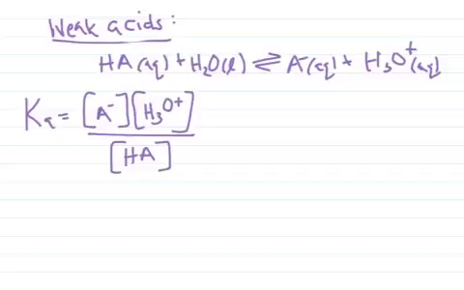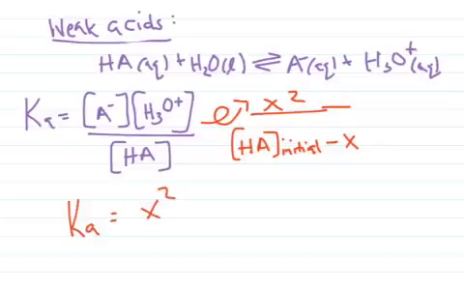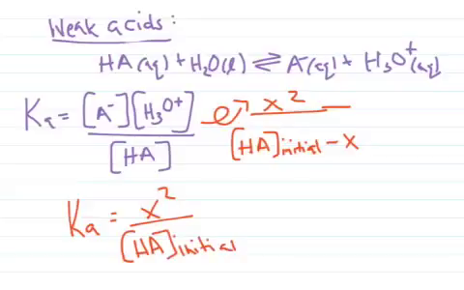Just like the weak base, we know that we get x squared all over our HA initial minus x, but we can assume, since it is a weak acid, that Ka is equal to x squared all over that HA initial, as long as we know it's a weak acid.